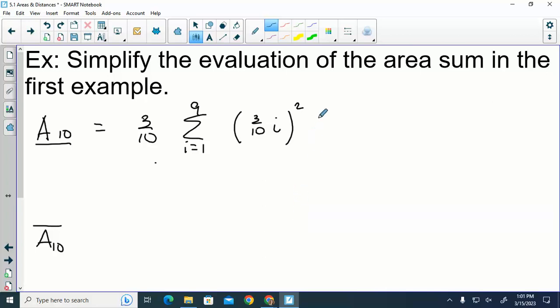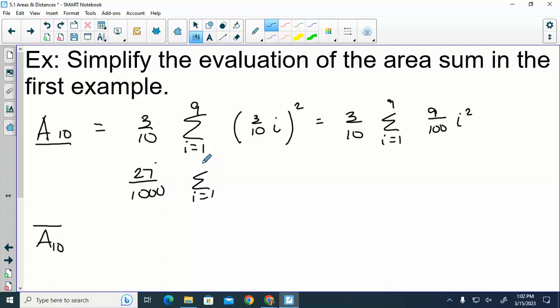So let's see if we can use summation rules to deal with this. We would have to go ahead and square everything. So 3 squared is 9 over 100, I squared. And the 9 over 100 could come out, so that gives me a 27 over 1000 times the sum from 1 to 9 of I squared.